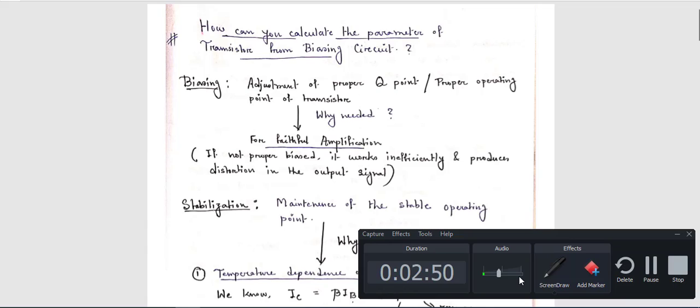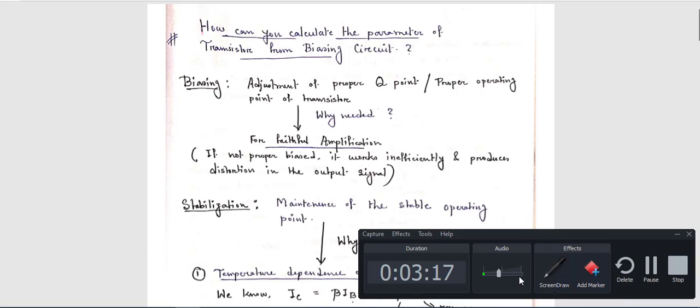That means if I am asking you to draw an output characteristics curve of a transistor, then you have to remember that the output current is collector current IC and your output voltage is VCE, collector emitter voltage, whereas your constant parameter is input current.